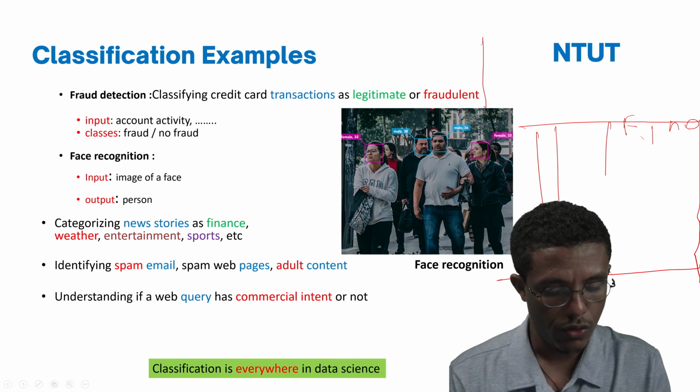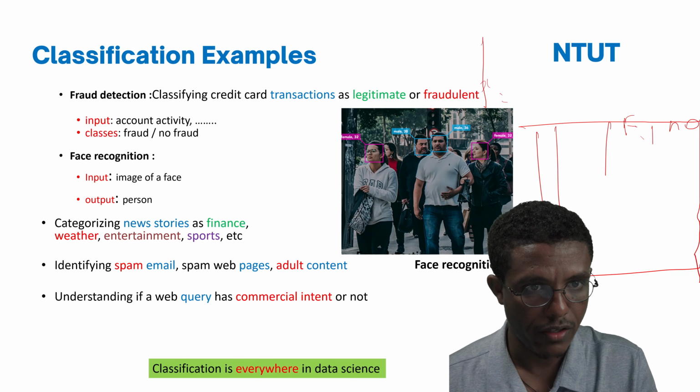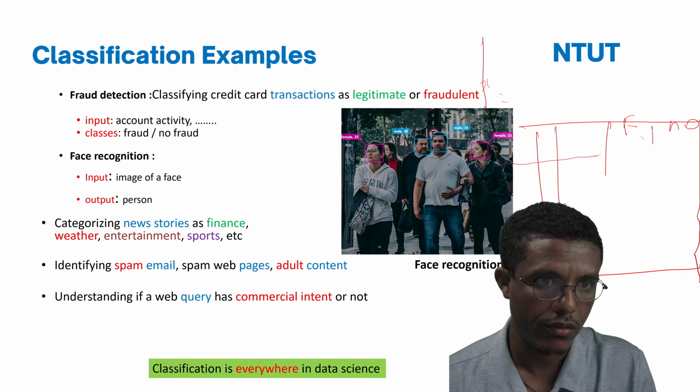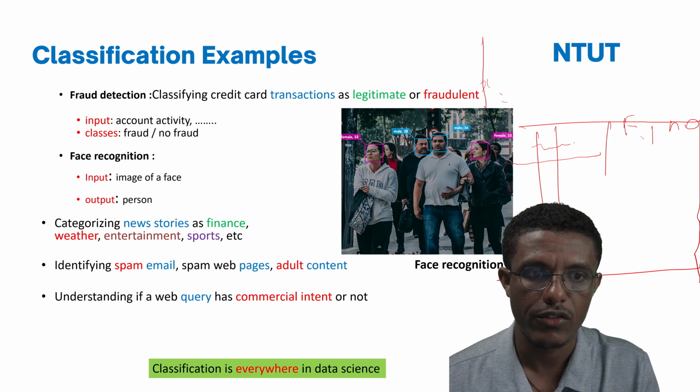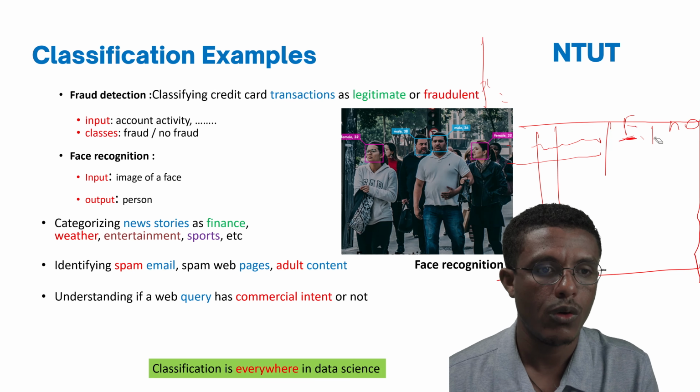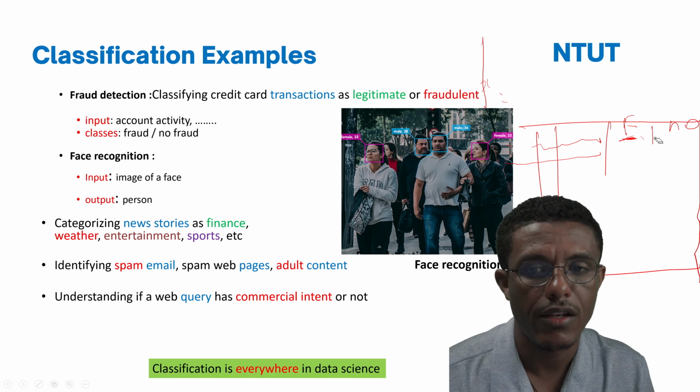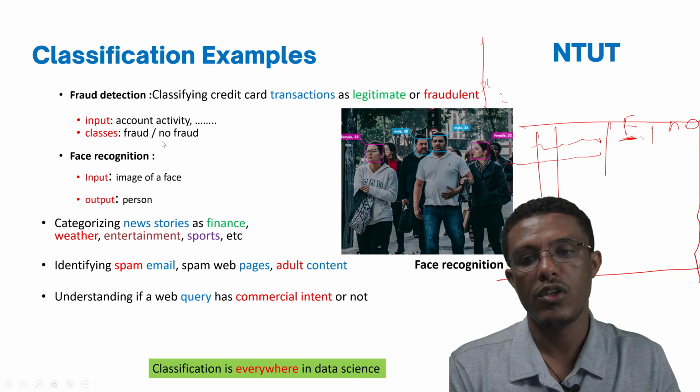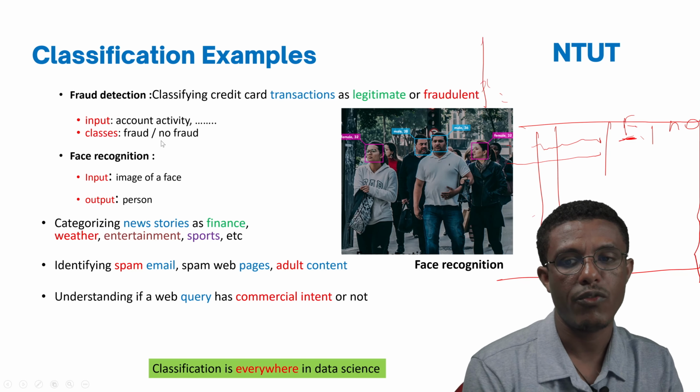The attributes can be different activities, and the class is either fraudulent or not fraudulent. By assigning this, we can finally get this type of activities.